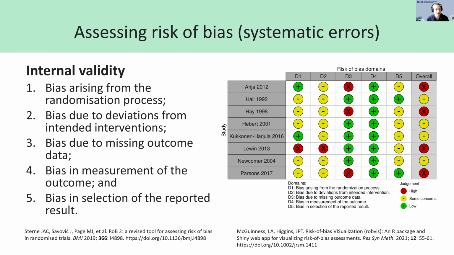So, for example, was the outcome a matter of judgment, and did the person who was making that judgment know which group the person was in, and therefore might they have come to a different decision than they might have otherwise? And bias in selection of the reported results. So if there were 5 different ways you could report this outcome, and you've chosen to report the most interesting looking of those findings, then that's clearly another example of where bias could creep in.